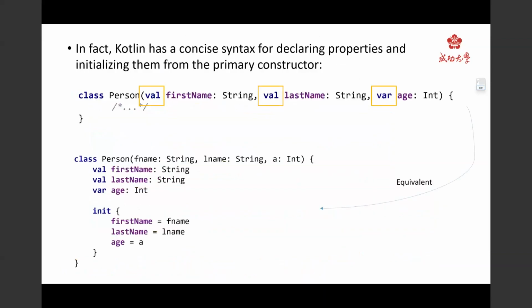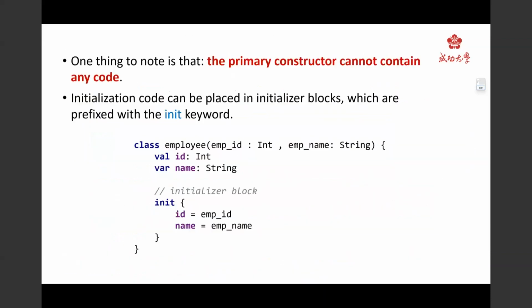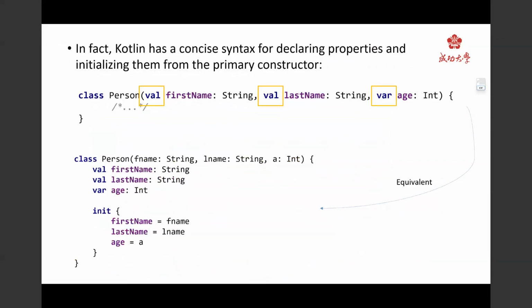You might be wondering why there cannot be any code inside the primary constructor, and why initialization can only be done within the init block. It's kind of a hassle, right? Actually, there's a very concise syntax for declaring properties and initializing them from the primary constructor.